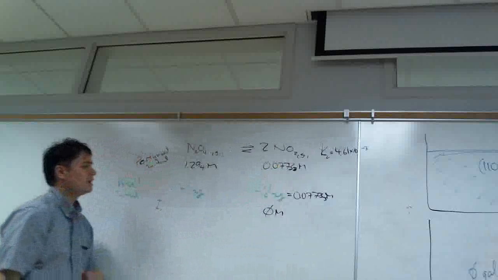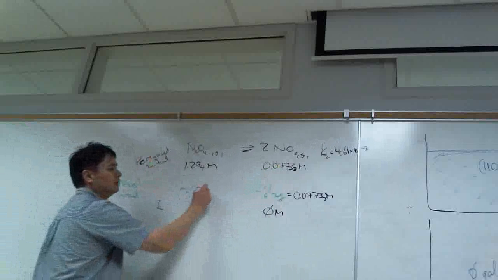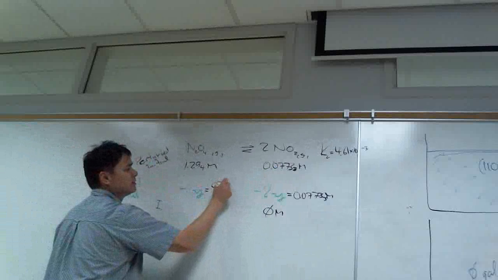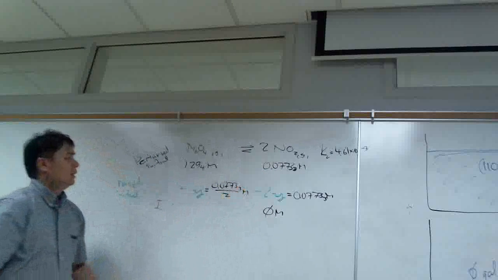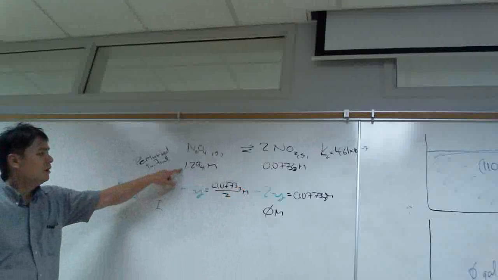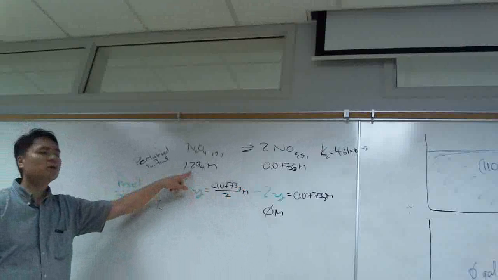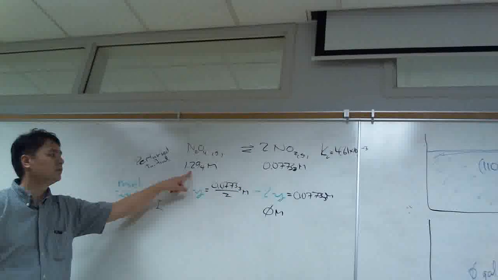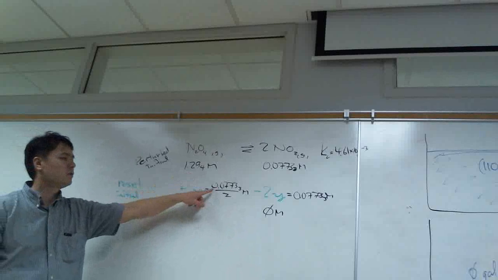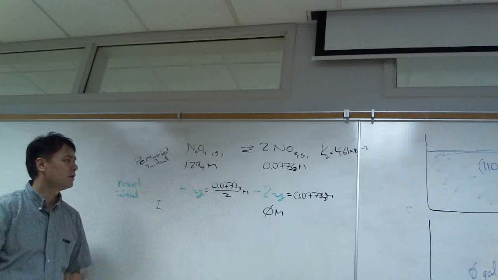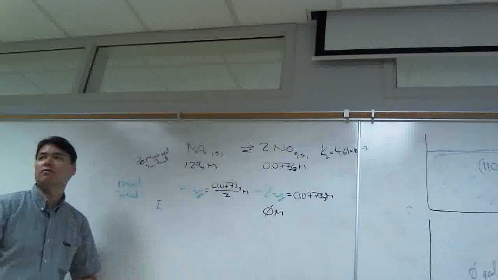If 2y is that, then y must be half of it, so it's got to be 0.07733 divided by 2 molar. If I add all those nitrogen and oxygens, what's the new molarity of N2O4? Can someone calculate it? Just do 0.07733 divided by 2 plus 1.294.